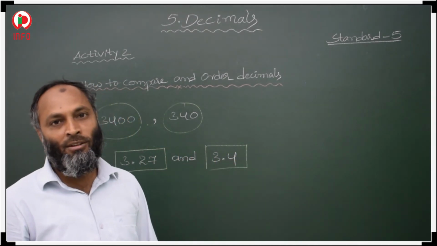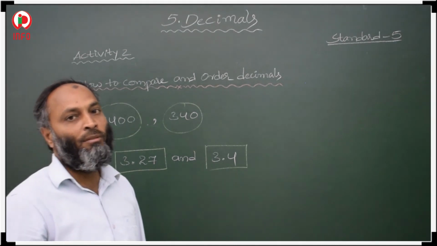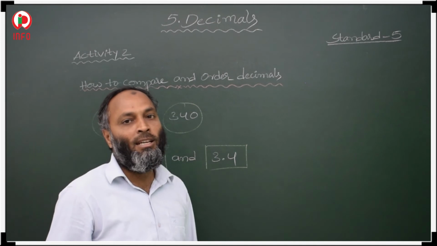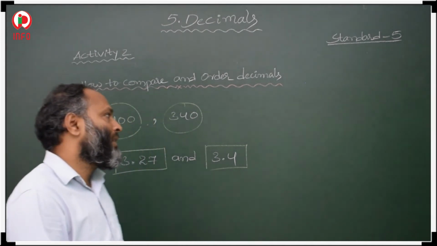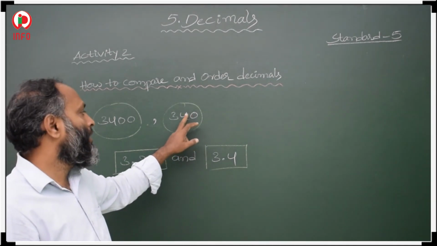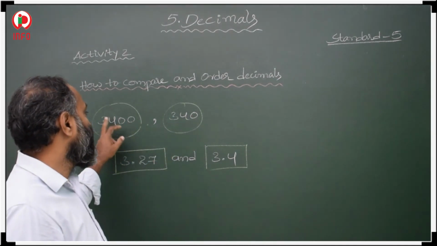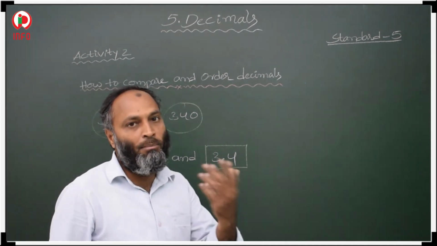No, it is not like that. On the basis of the number of digits, we can't say which one is bigger and which is smaller. Without decimals, if we count the number of places, a 4-place value is bigger than a 3-place value.